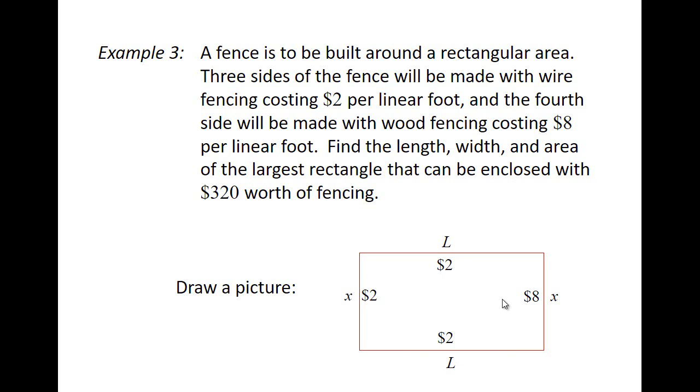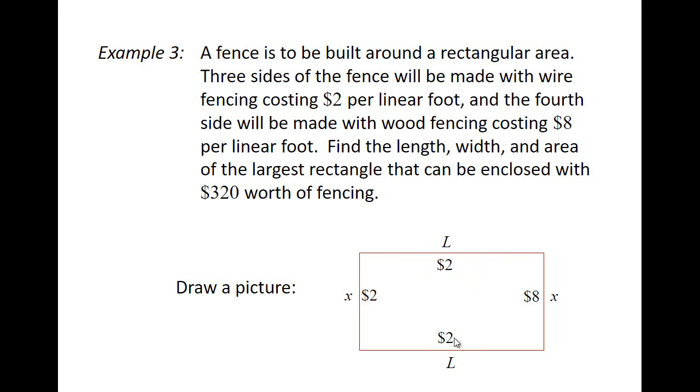So if we are building a rectangular area with width X and length L, then what is the total cost of fencing? Well, what's the cost of this side? The total length of this side is L, and the cost is $2 per linear foot. So 2L would be the cost of building this side.